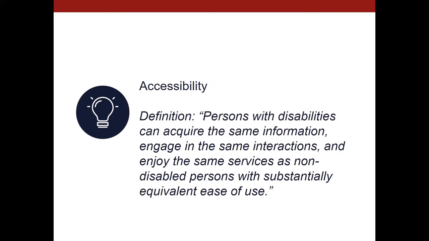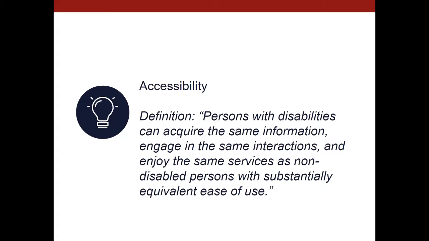While there are many different definitions of accessibility, we prefer the definition used in the June 2010 Dear Colleague letter released by the Department of Education. In that letter, they define accessible as persons with disabilities can acquire the same information, engage in the same interactions, and enjoy the same services as non-disabled persons with substantially equivalent ease of use.